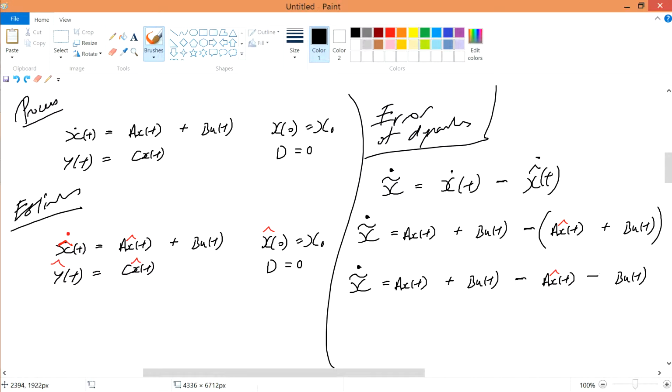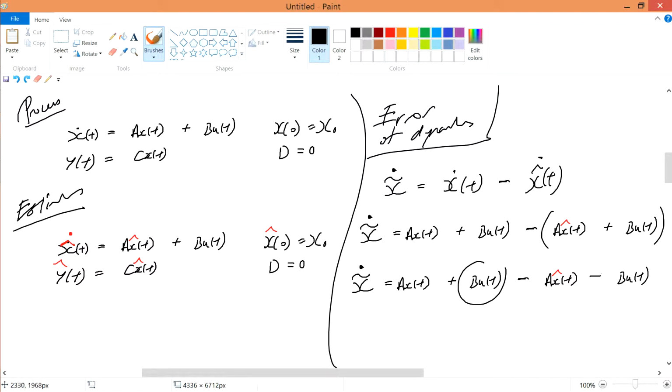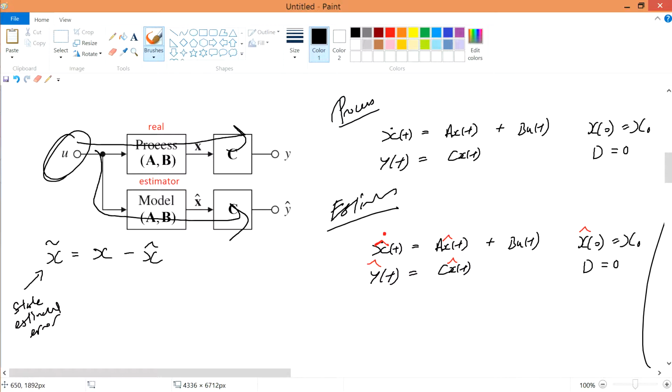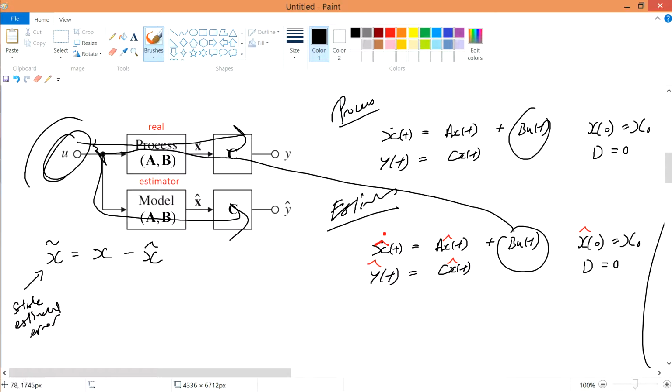As you can see, your BU t and your BU t over here cancel out each other. You may wonder why suddenly BU minus BU cancel each other, because from here your BU and your BU come from where? They come from this side. It shares the same input. So this BU and this BU come from this side, this one.